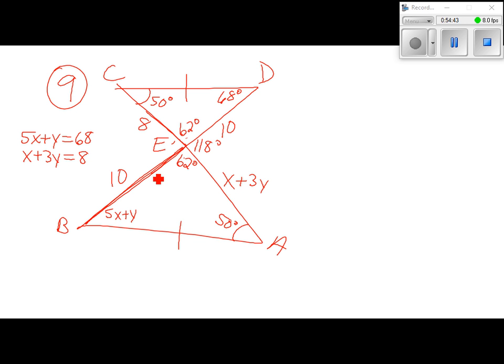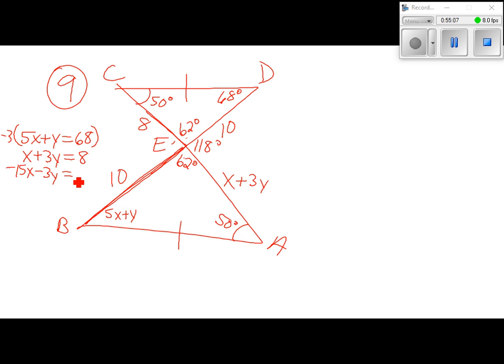What do you have to do to solve this? Pick a variable, x or y. Y. How do we get those y's to be opposites of each other? Close. Negative 3. Negative 3 times 5x is negative 15x. Negative 3 times y is negative 3y. Somebody help me out.